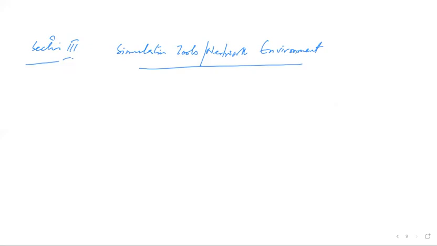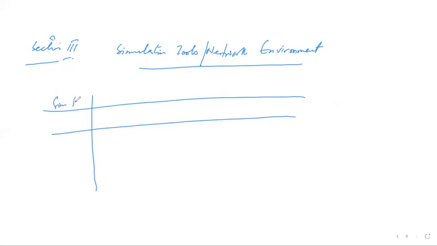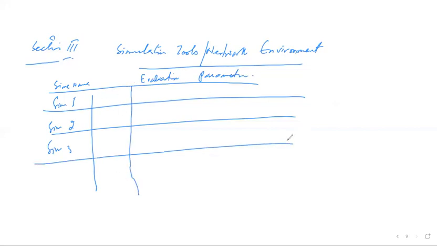So this is actually the next section. You can have a table for discussion: sim 1, sim 2, sim 3, and then onward. This is the sim name, and then onward the evaluation parameters. So here can be the parameters. Parameter 1, 2, 3, 4, 5.